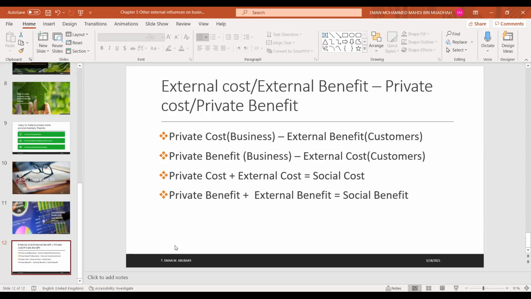For example, if the private cost is that I built a hospital, I built an airport, and I have got the airlines working with me, and then you came as a society, you have an external cost, you're paying for my services, right? How come you're purchasing a ticket? It's from your own salary, right? From your own job. Yeah, you're using my services, and that's how you get your own money.